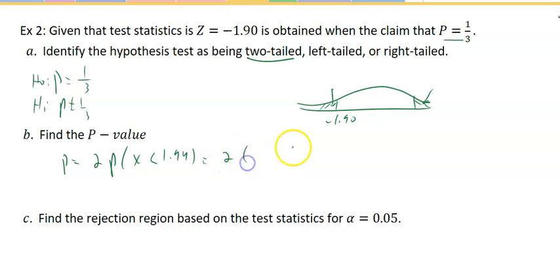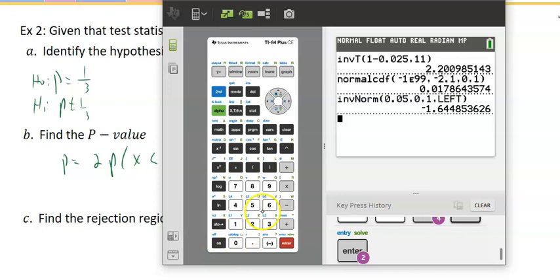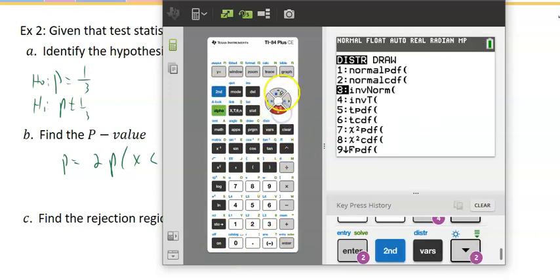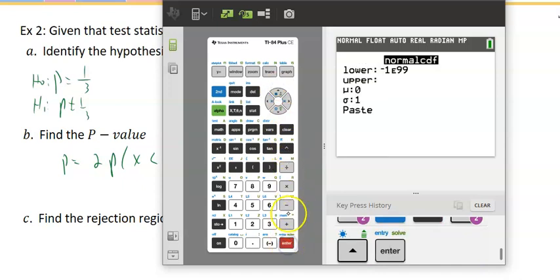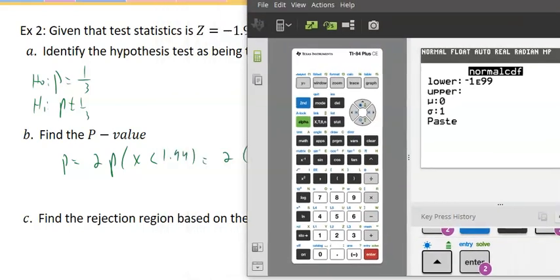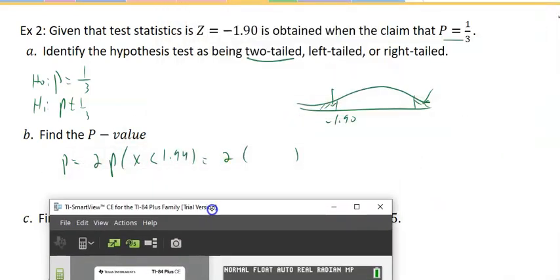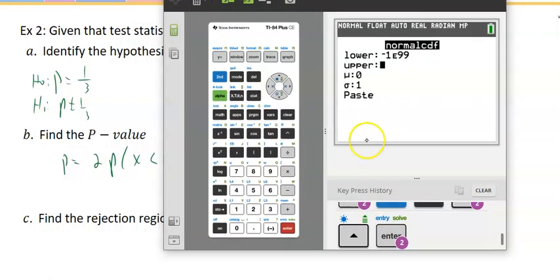That is 2 times normal distribution CDF. I want to go from negative, we set to negative 1.90.